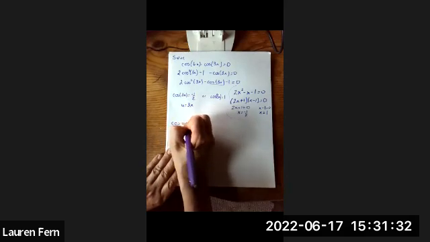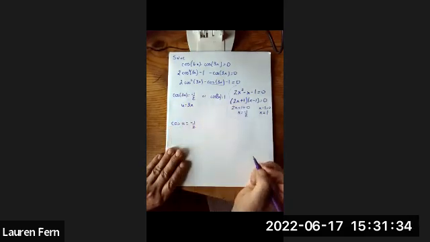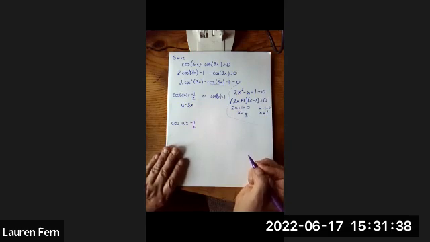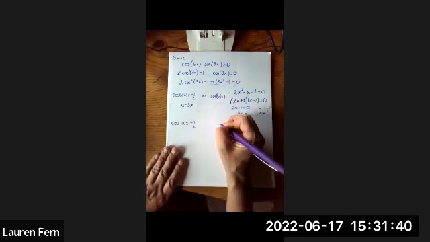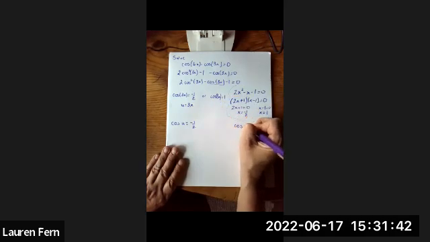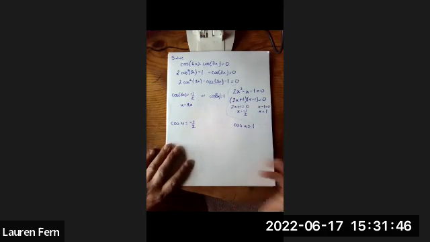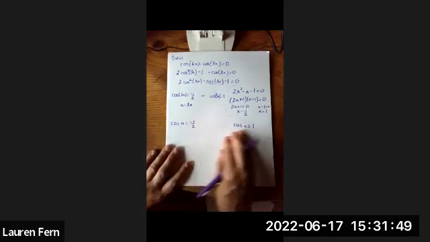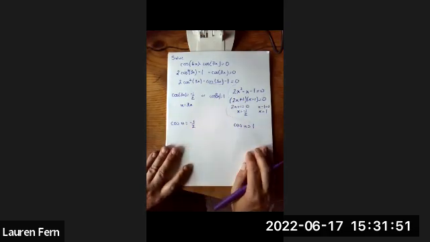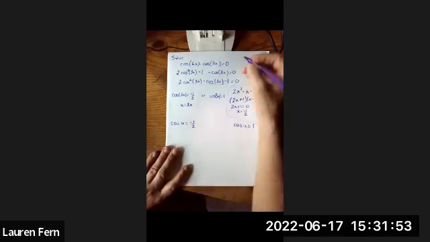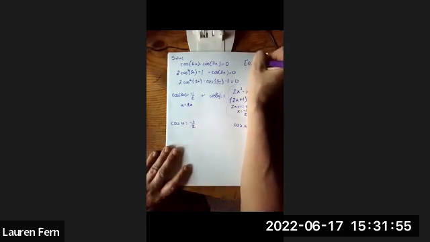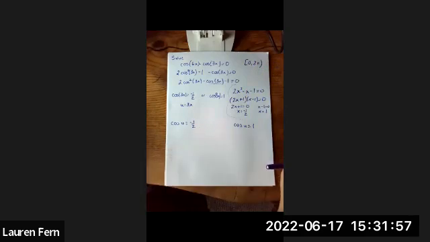So the first trig equation I want to solve is the cosine of u equals negative 1/2, and the second is the cosine of u equals 1. Now, let's solve this and get all solutions from 0 to 2 pi.